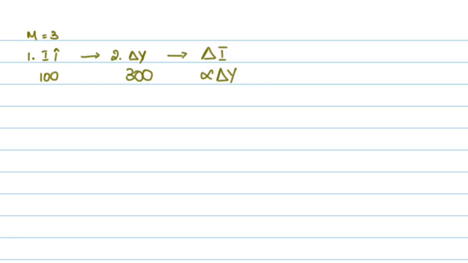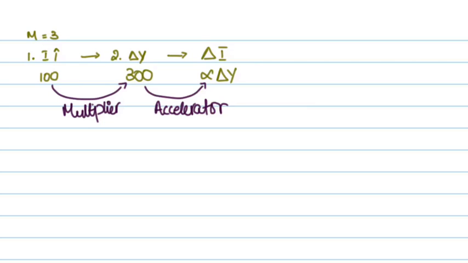I'll use a different color to show this. So this over here is the multiplier effect, but this over here, investment changing due to a change in income, is the accelerator theory.